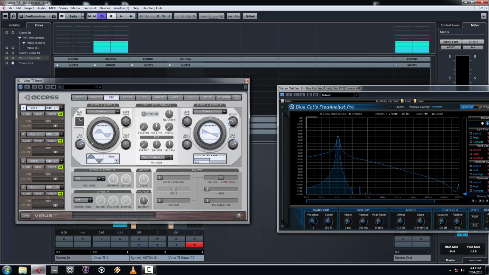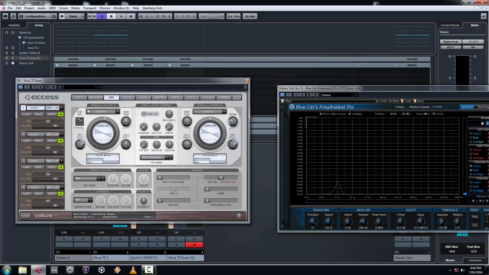Okay, so what we're getting there is just that single harmonic. Sine waves are never perfect. There are always going to be some little bits of noise, but overall, that's it. So that's a sine wave. It's just one single tone.